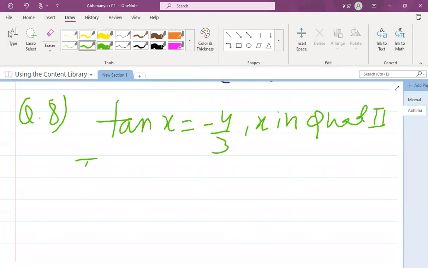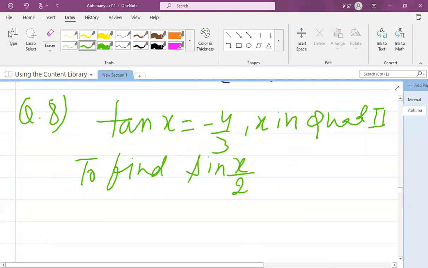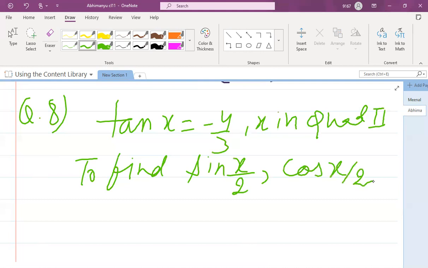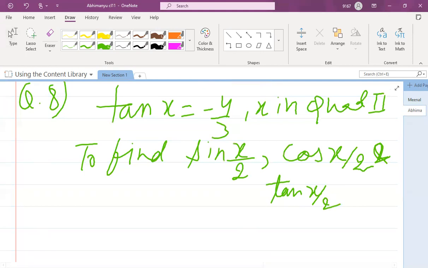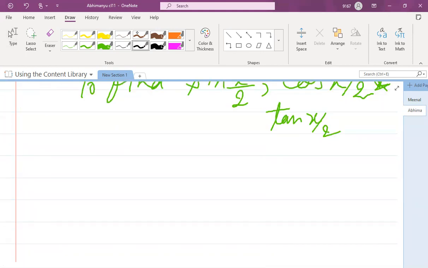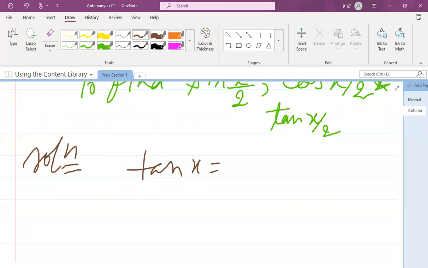To find sine x by 2, comma cos x by 2 and tan x by 2. So we have to find these 3 values, 3 trigonometric values. So tan x equals to negative 4 upon 3.